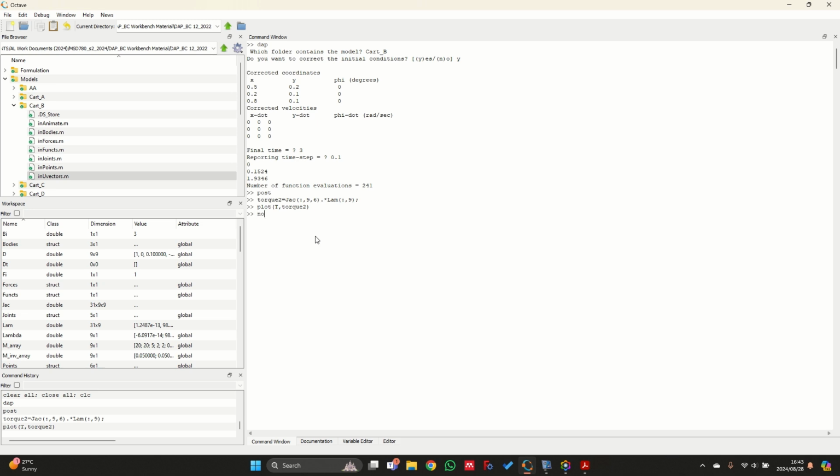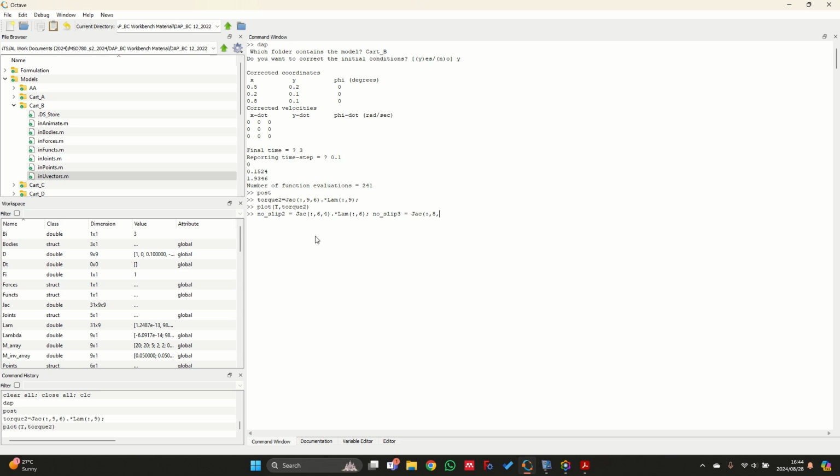And what I'm going to do is first define no slip 2, which is then equal to Jacobian for all of the time steps. And I think we said it's 6, 4, dot, and I multiply with Lagrange multiplier 6. And then I can also do no slip 3, which is equal to the Jacobian, all of the time steps.